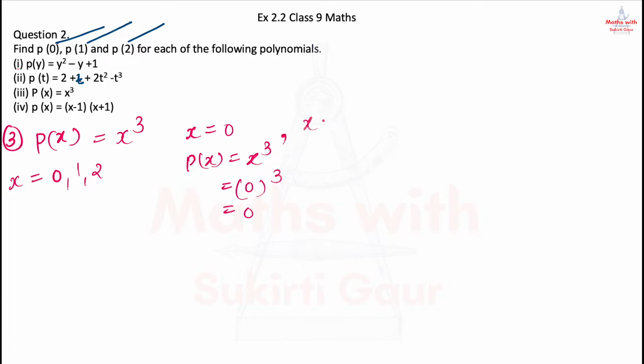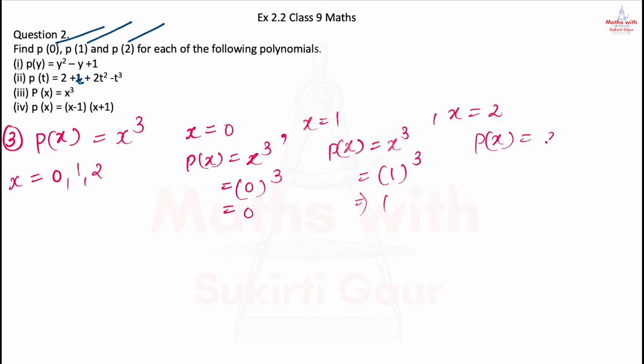At x equals to 1, p(x) is equal to x cube, 1 cube will get 1. And at x equals to 2, p(x) is equal to x cube. We will put x equals to 2, 2 cube is 8.